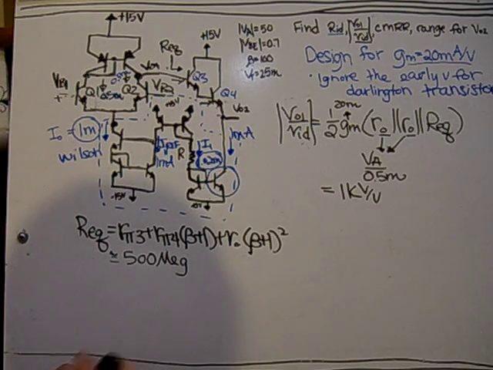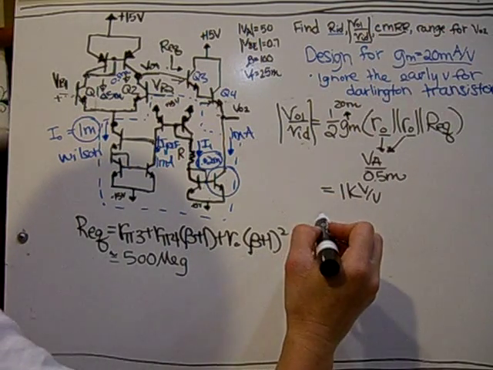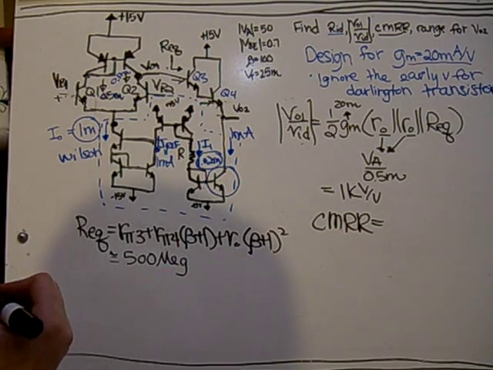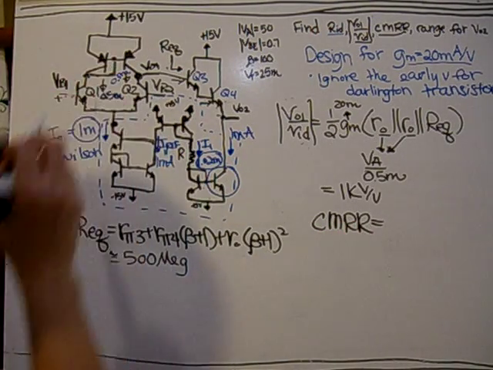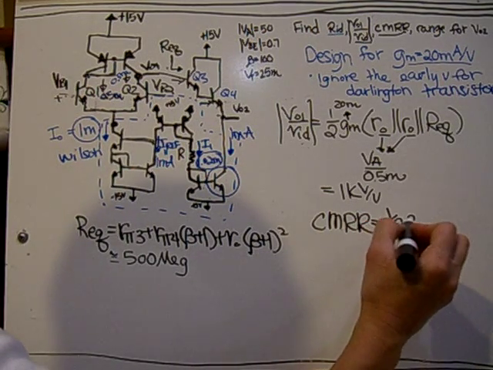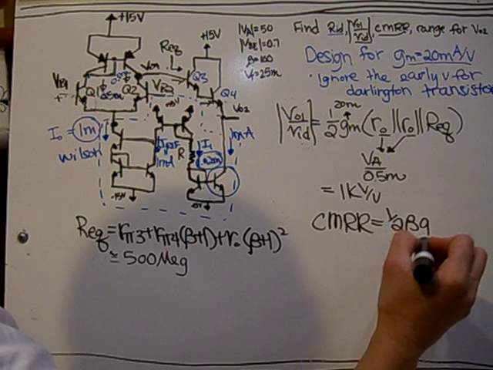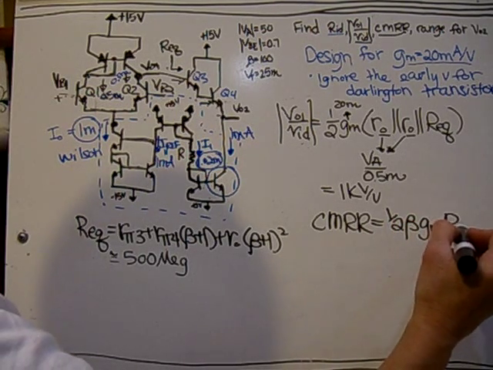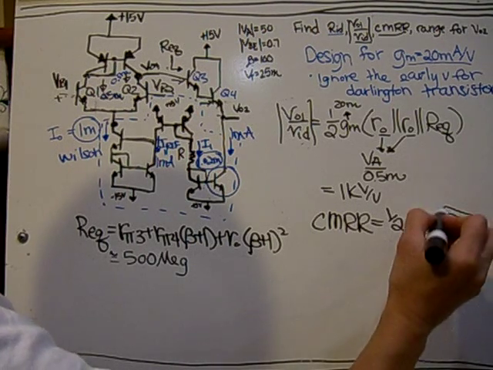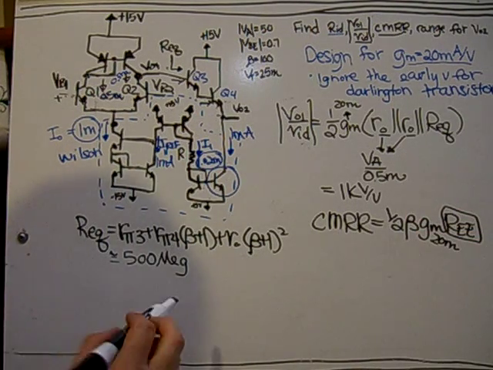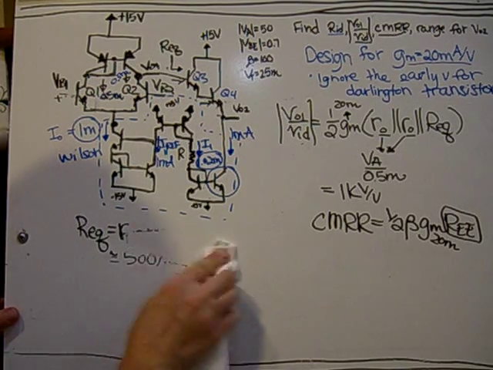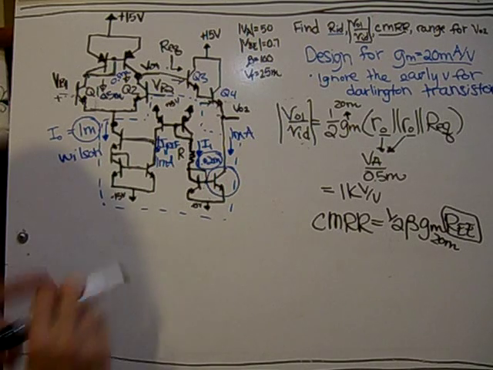The next thing to find is the CMRR. The CMRR for this active loaded differential BJT amplifier is 1/2 beta GM REE. This again is 20 milli, and we need to find REE. REE is the equivalent resistance seen for this bottom current source down here.